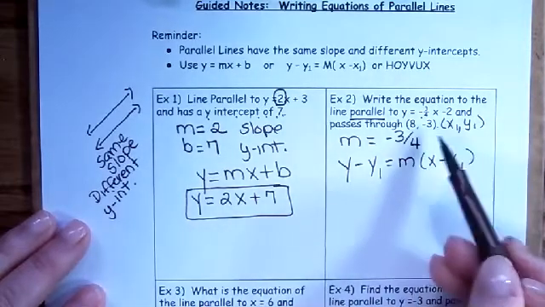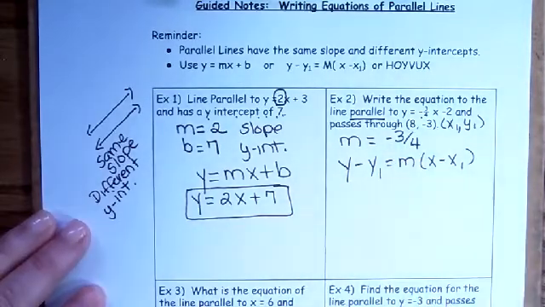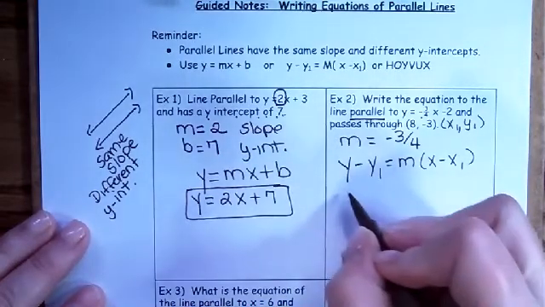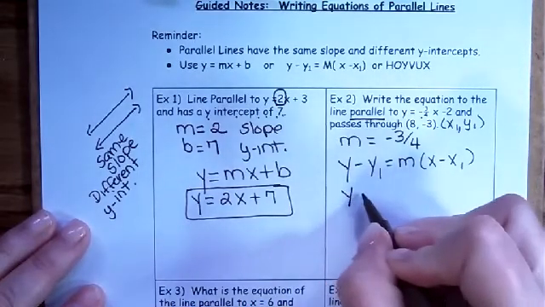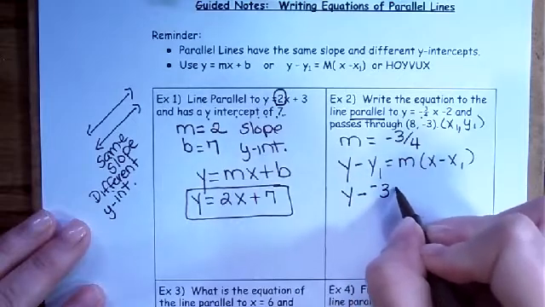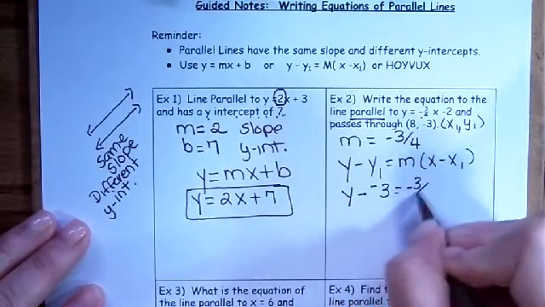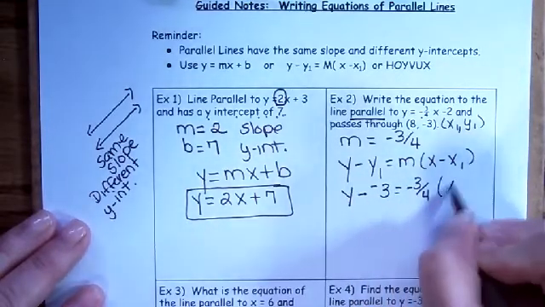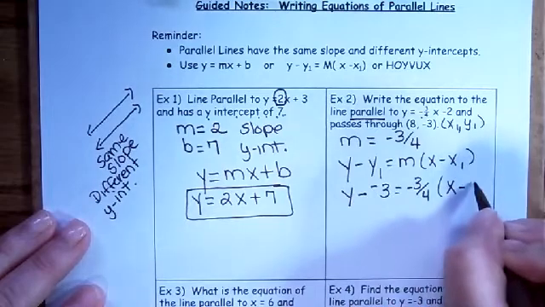Now I'm going to take the 8, the negative 3, and negative 3/4 and make sure I put them all in the correct spot. So what I'm going to have is y minus negative 3 equals negative 3/4 times x minus 8.